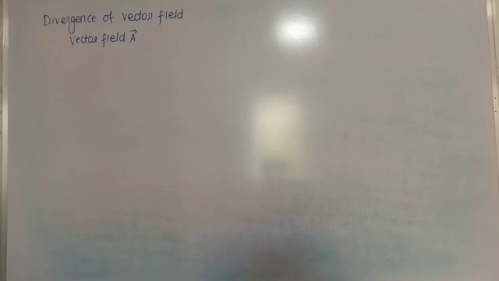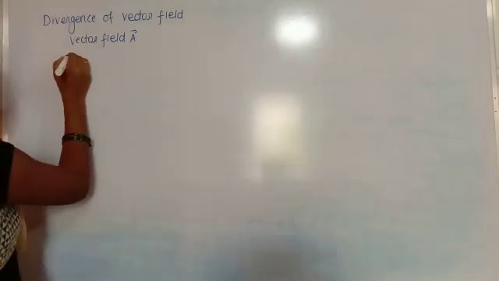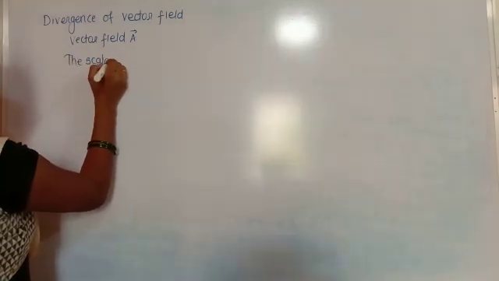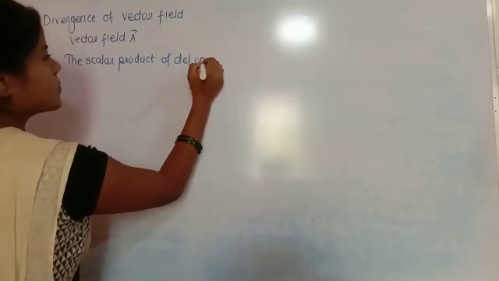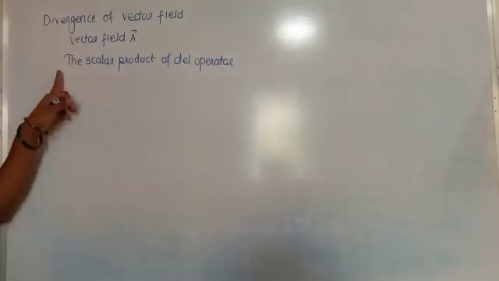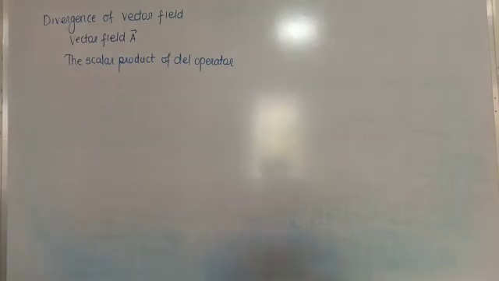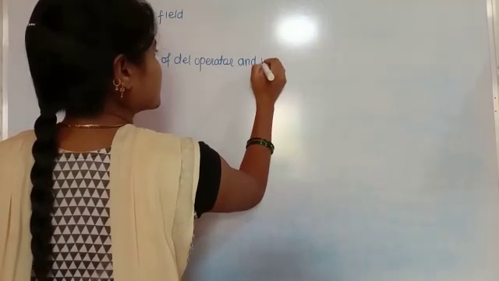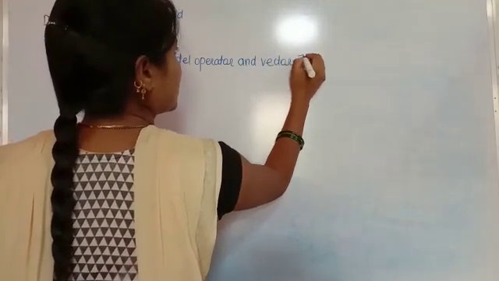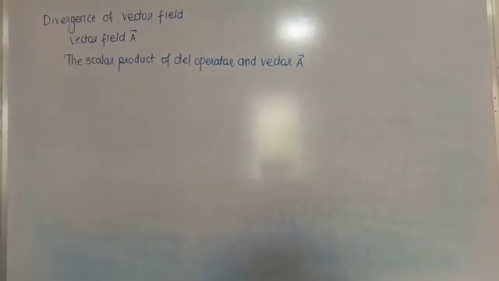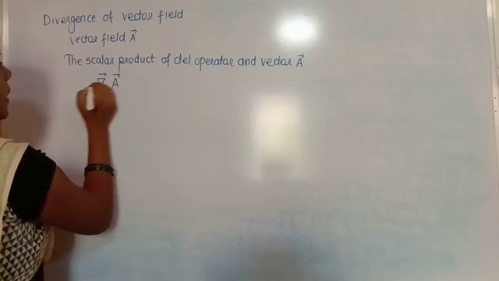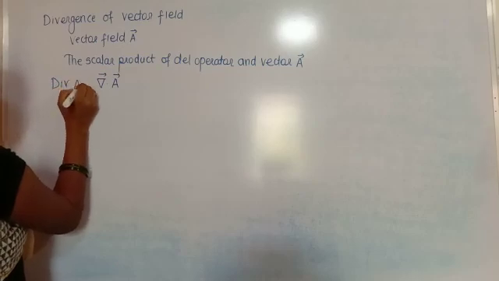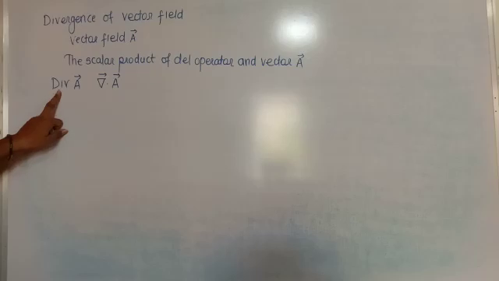Then the scalar product of the differential operator, the scalar product of the del operator and the vector A, is a function of the position coordinates x, y, z, and it is known as the divergence of vector A. Simply we can write del operator dot vector A. So this is called the divergence of A. Div is the shortcut of divergence.